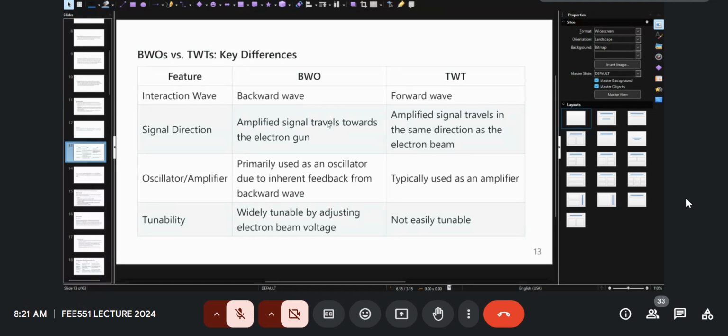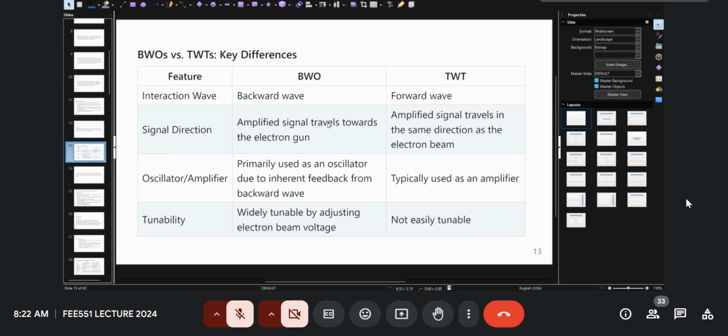The BWO is used as an oscillator due to the inherent feedback from the backward wave, and the TWT is used as an amplifier. So that's also another difference. And in terms of tunability, the BWO is widely tunable, with a large range.